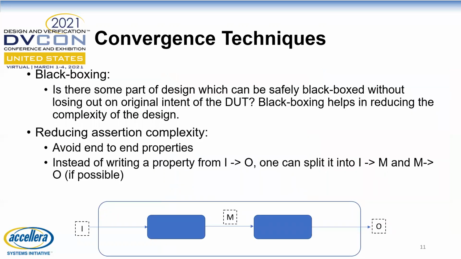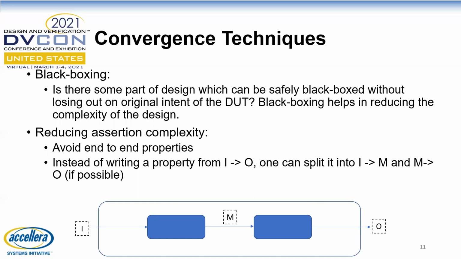So now that we have talked about some of the commonly used apps for verifying SSL, I also wanted to quickly touch upon a very common problem that we face when doing formal verification, and it is that of convergence. While every setup requires deep investigation to tackle convergence related problems, and it's a topic where a lot of work is ongoing, at the same time there are some techniques which can be helpful.